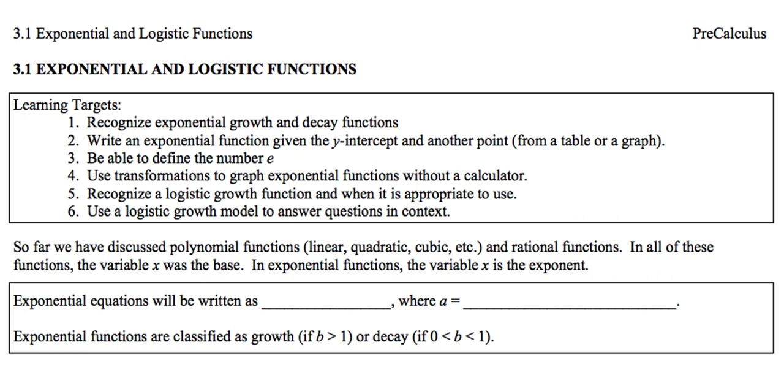So our exponential expressions will be written in the form f of x equals a times b to the x, where a is not equal to 0 and a is the initial value.